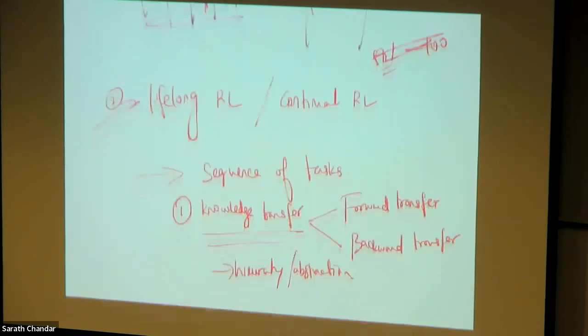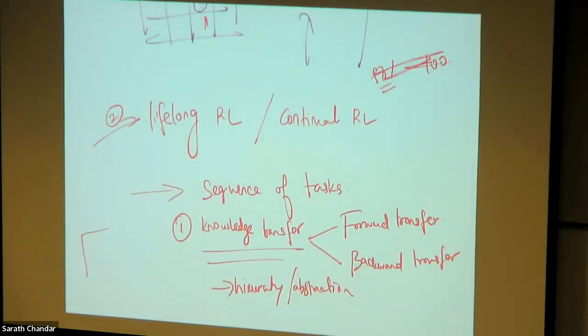In the case of abstractions, I start with primitive actions, just call them A1, A2, A3, A4. If the agent can discover new abstract actions, or temporally extended actions, or options, or skills, whatever name you give, now I can add a new option, which is pickup.